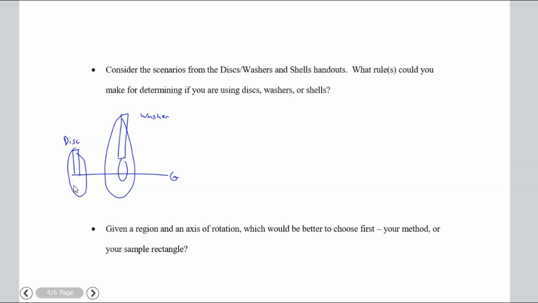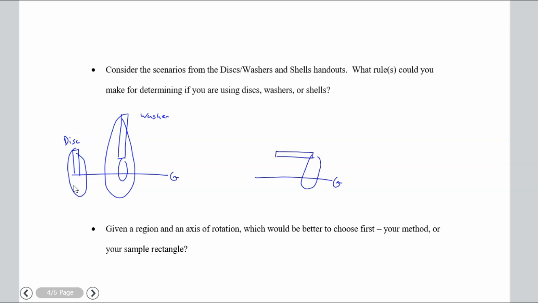So if I'm perpendicular, I know it's going to be a disc or washer, and I just have to see, is there any separation at some point between the axis of rotation and my rectangles? If not, then I'm using discs. If there is somewhere, then I'm using washers. Whereas shells, right, that is always going to have a rectangle parallel to the axis of rotation.